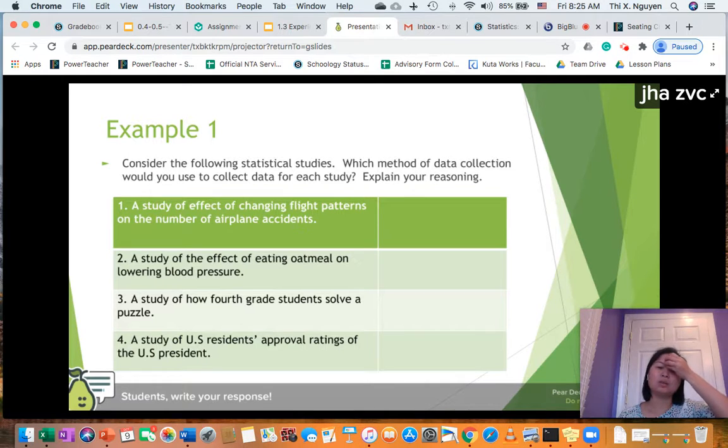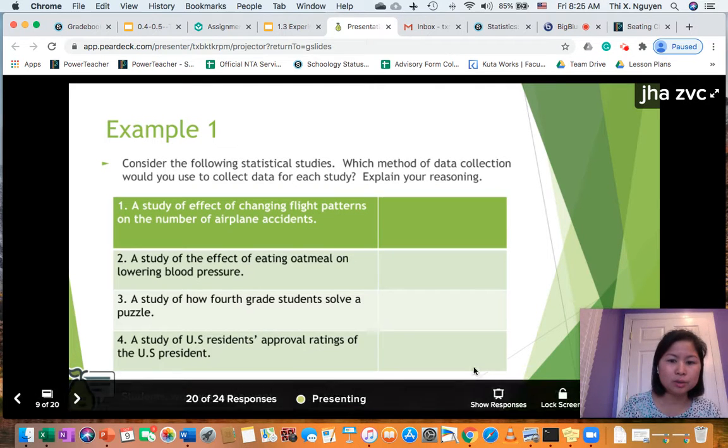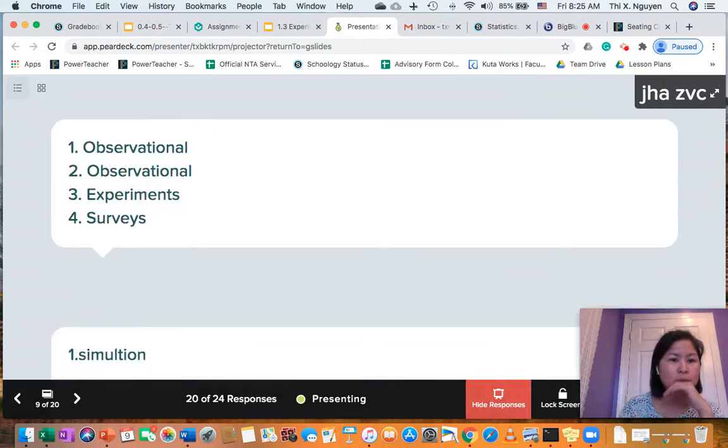So simulation would best describe this one, but if you used observation, I may accept it if you can back yourself up by saying these are my reasons. But number 1 is the study where most likely we use a model, a mathematical way to look at it, or we can use simulations, right? So number 1 is simulation. So that's fine. Number 2, I forgot what most of you chose for number 2.